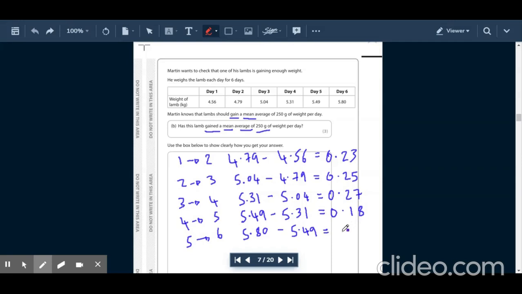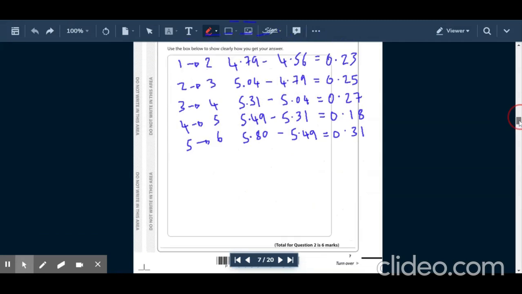So that is a difference of 0.31. So now we've got the amount of weight that the sheep gained each day. We need to find the mean average of these values.